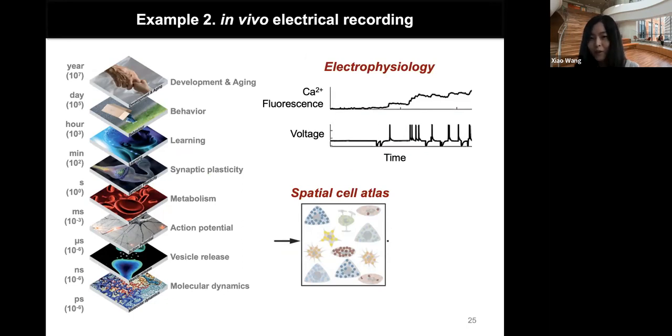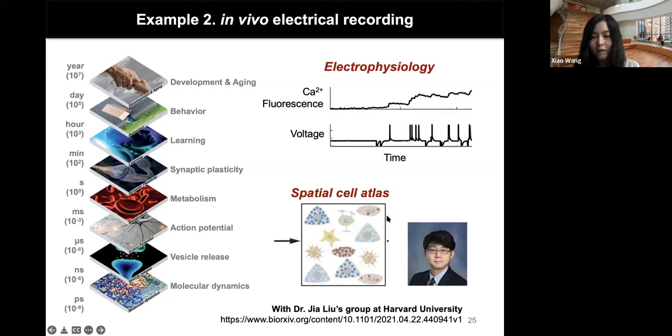This is a much more challenging task, and we are still on the way of developing it. But we just did a very small proof of concept experiment with another biological system that has very interesting electrophysiology patterns but is easier to measure. This is through the collaboration with Dr. Jalil's lab at Harvard.